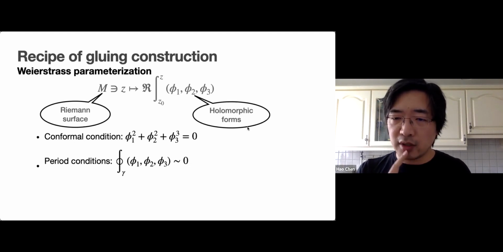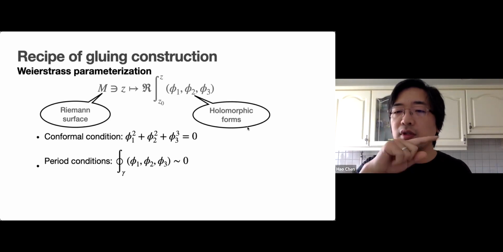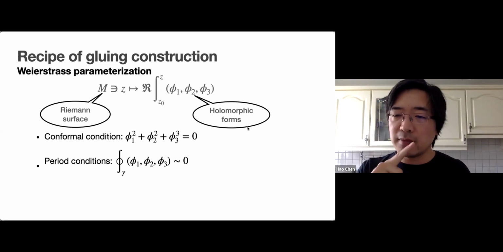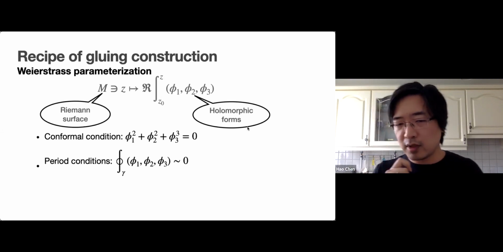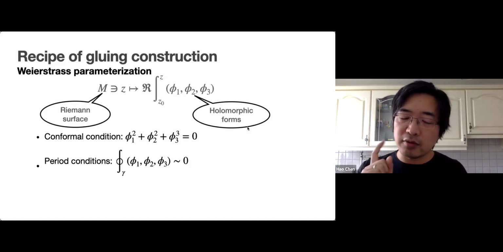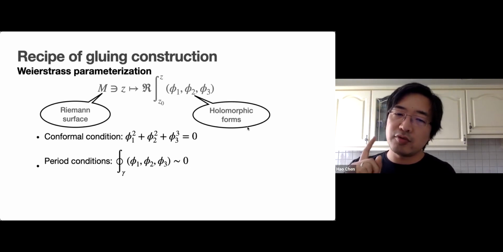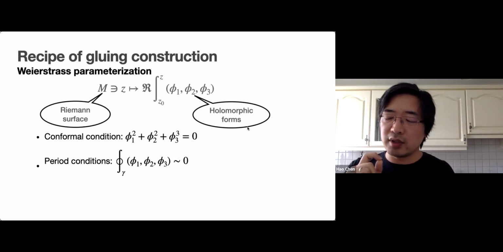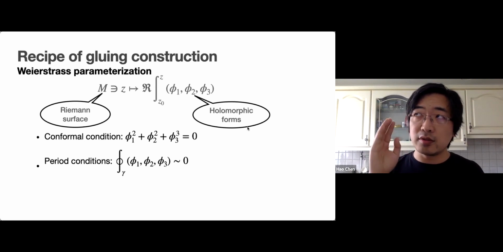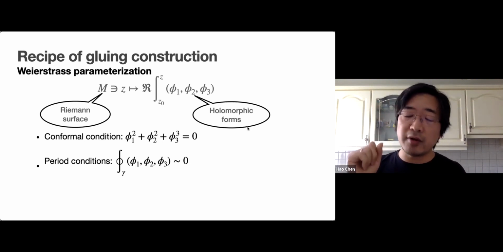So the period condition says that if you travel along a closed cycle on the Riemann surface, you should get back to the same point in the ambient space. So in my work, the ambient space can be the three-dimensional Euclidean space, or a three-dimensional flat torus, or the three-dimensional Euclidean space quotient out by two translations.